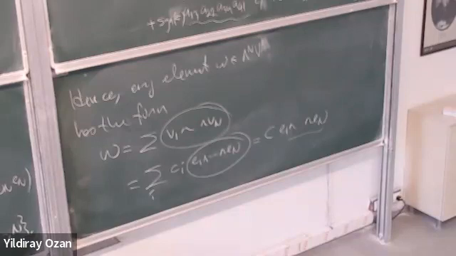I may have E1 wedge E3 up to E1 wedge En. And then I have E2 wedge, I cannot have E1 because it's already there, but I may have E2 wedge E3 up to E2 wedge En, and go like this up to E(n-1) wedge En, right? So each time I will have one less element.